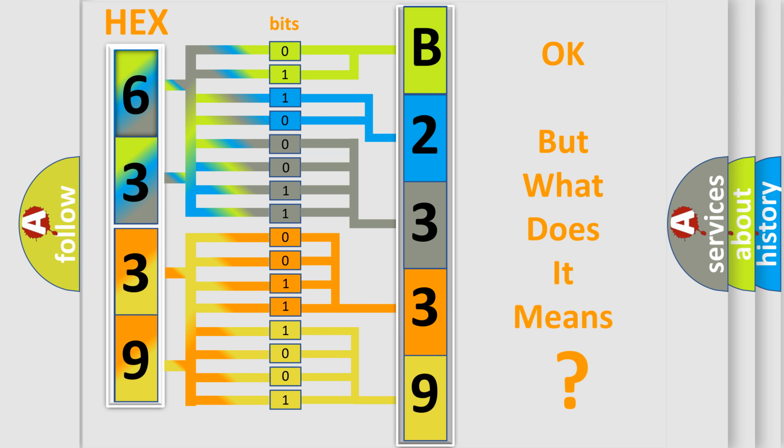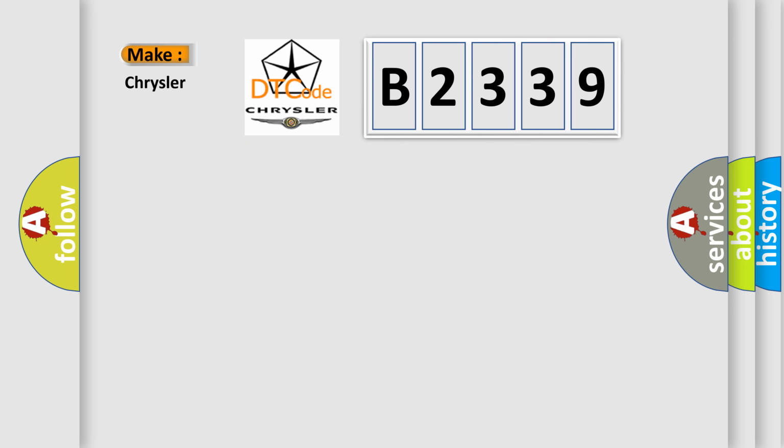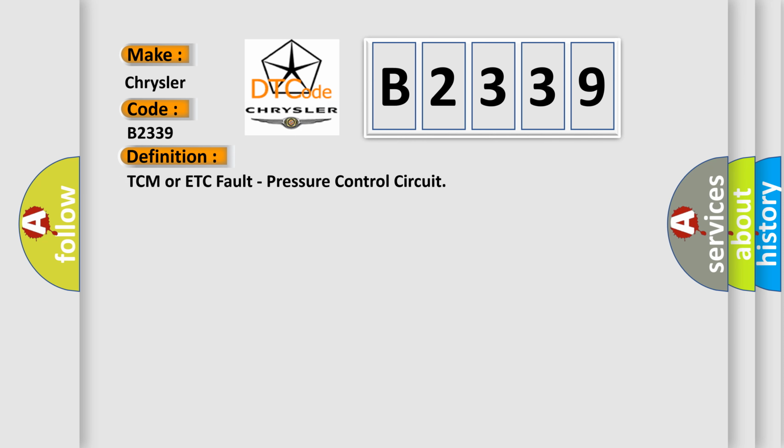The number itself does not make sense to us if we cannot assign information about it to what it actually expresses. So, what does the diagnostic trouble code B2339 interpret specifically for Chrysler car manufacturers? The basic definition is TCM or etc. fault, pressure control circuit.